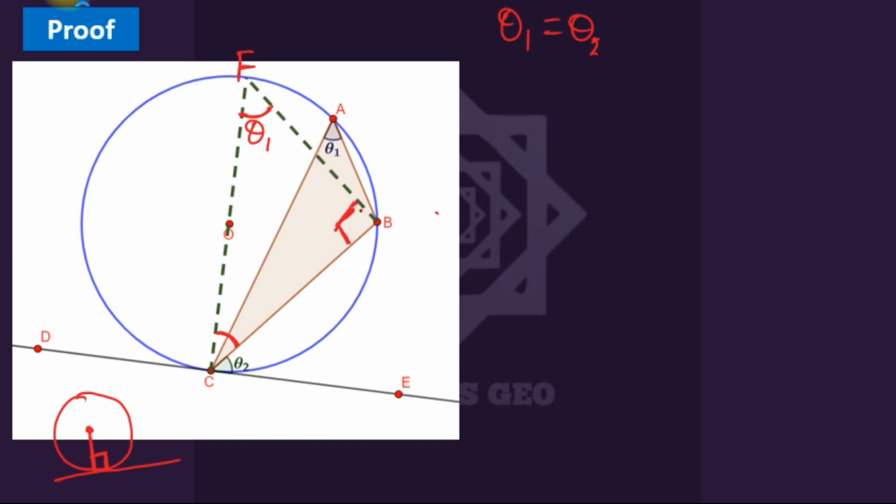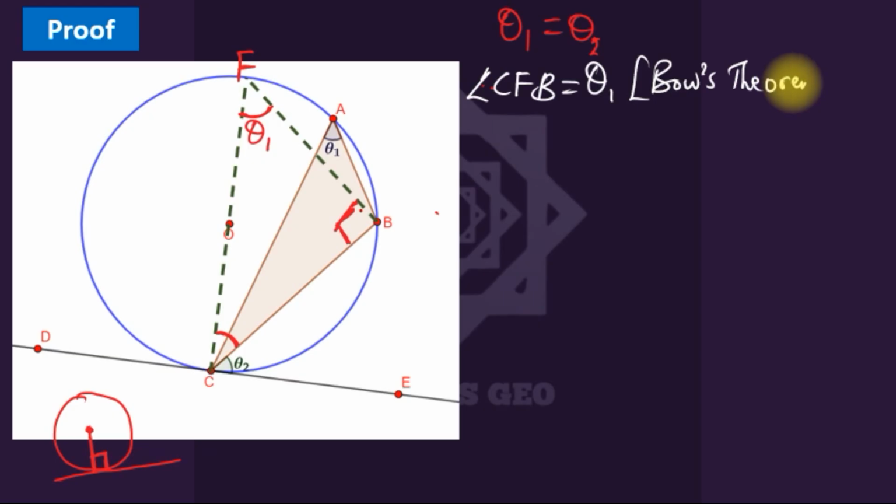So that's the two theorems we are going to use. Let's write what we've added. Angle CFB is theta 1 based on the inscribed angle theorem.